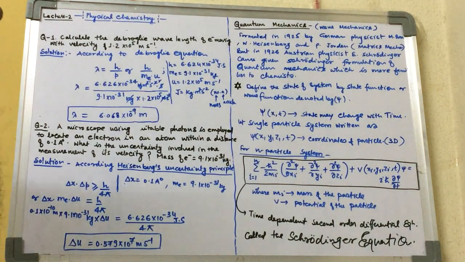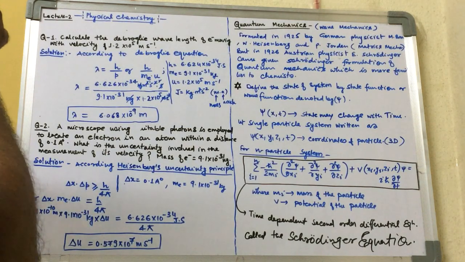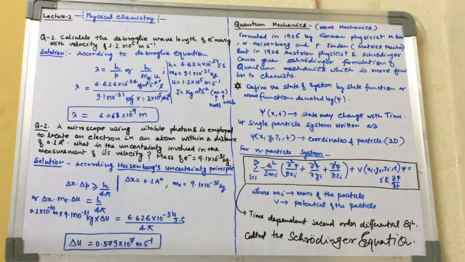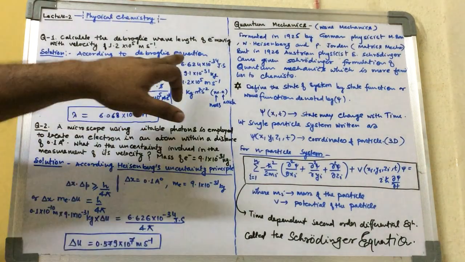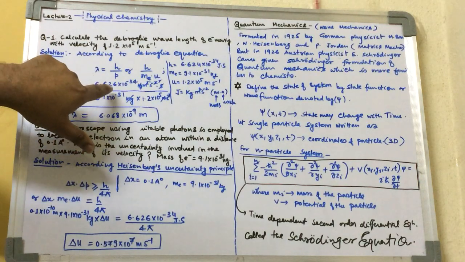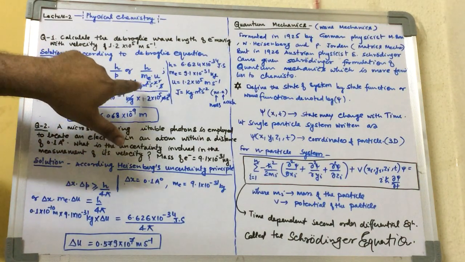Either you should remember it before going to the exam, or as you solve problems and use this constant value three or four times, you will remember it. So here is the Planck constant value: 6.626 into 10 to the power minus 34 joule second.